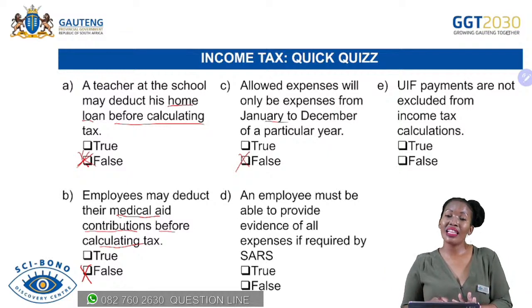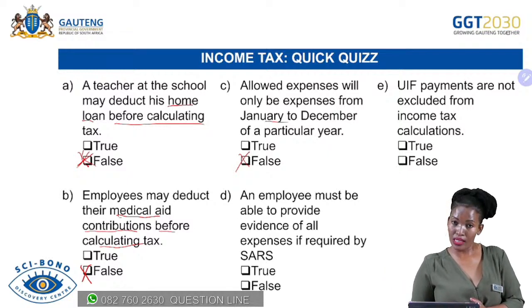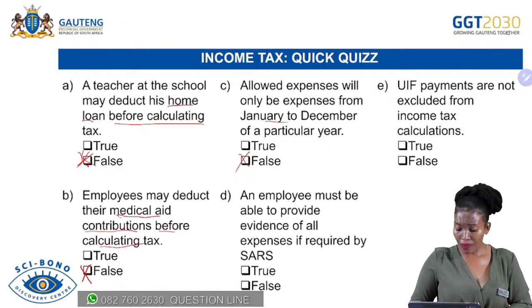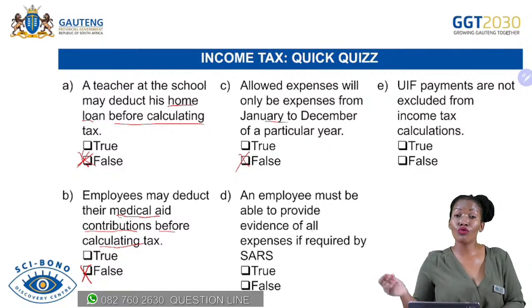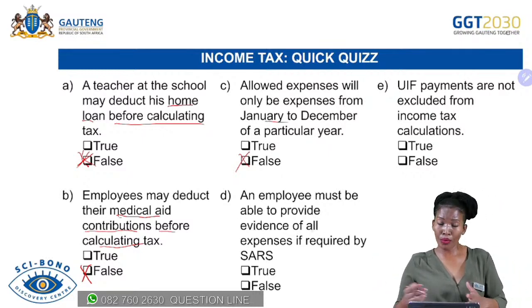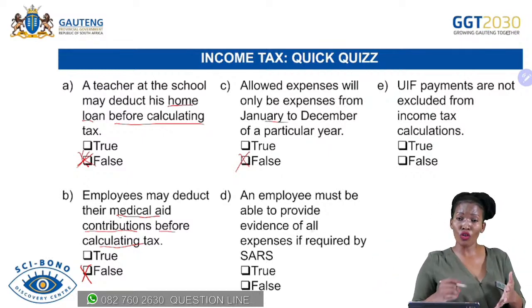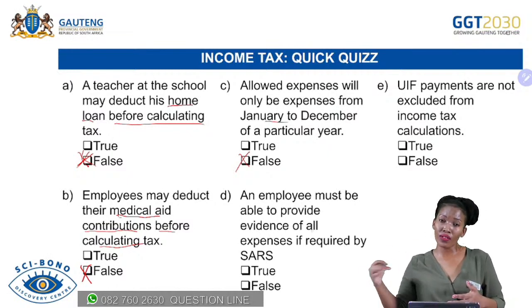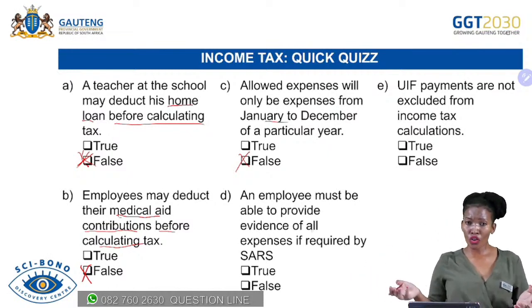Maybe if you are claiming for car allowance, it means every month you claim transport money from your employer. So the SARS people can ask you to submit what? Proof. Proof of where you were logging in your kilometers, where did you go, and how many kilometers you traveled, meaning how much money you spent on your petrol.